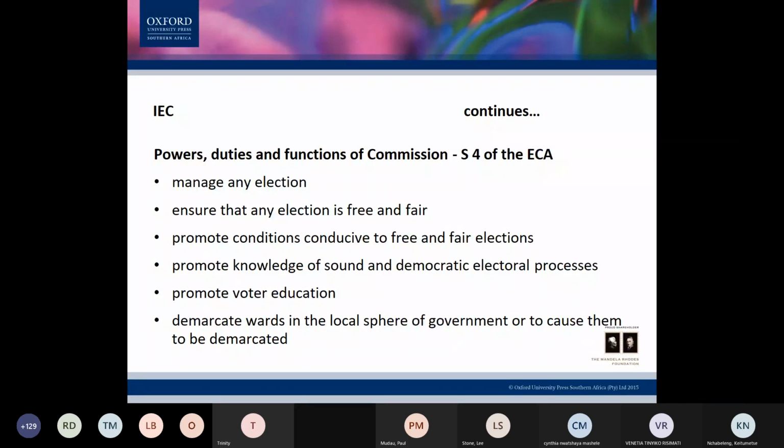Then the IEC again is supposed to promote the knowledge of sound and democratic electoral processes, then promote voter education. So voter education is more about ensuring that the people who are going to vote are aware of the voting processes, what needs to be done when they reach the voting station, producing their ID, and they must also verify from the voters' roll that they are actually registered and they are in the correct voting station.